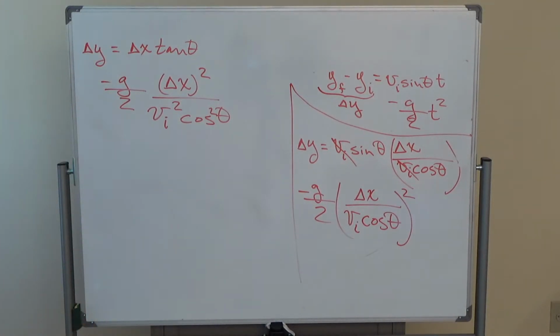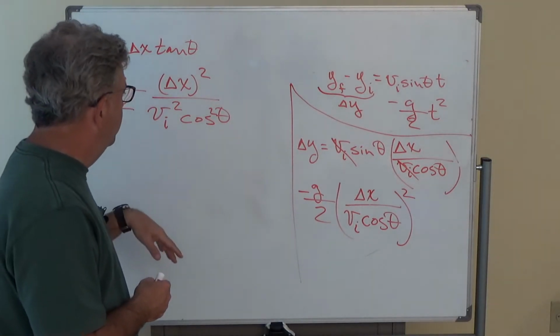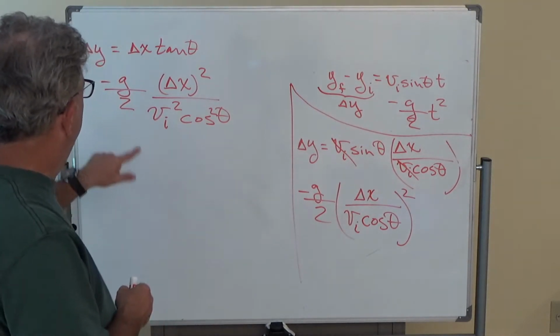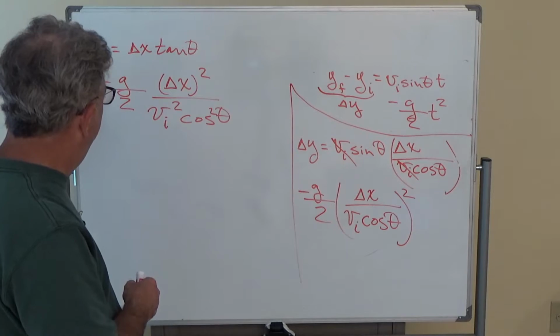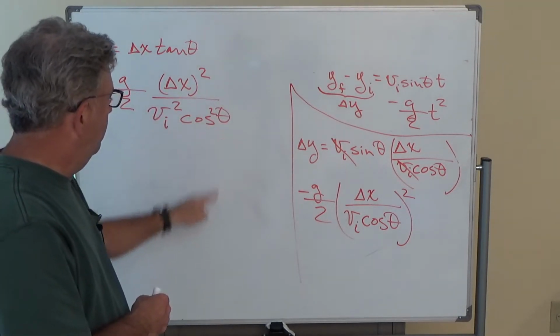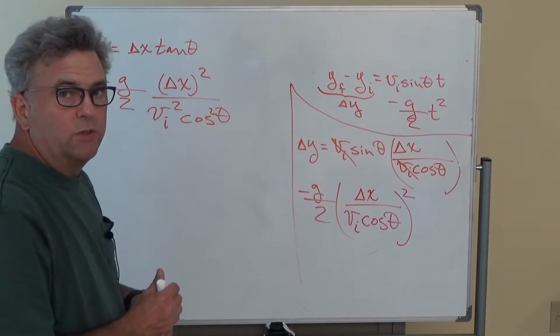Okay. I'll let you finish the algebra, but I think you can solve for V initial now because you know delta Y, you know delta X, you know theta. Solve for V initial.